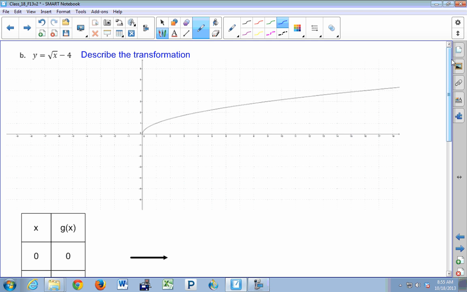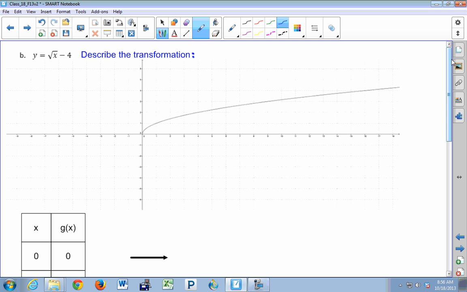How would we describe this transformation? There's lots of different ways to describe it, so yeah. Go ahead. Right. So what function are we shifting? What was the name of our original parent function? G. G is the name of the function, yeah.